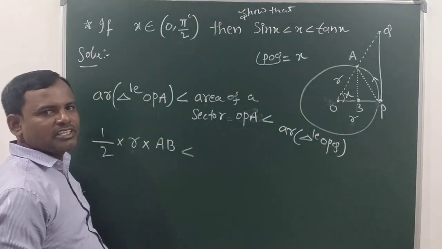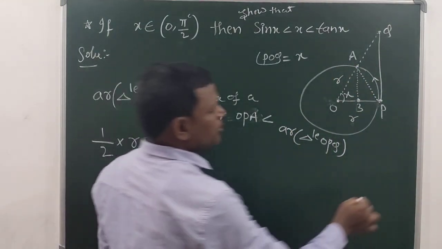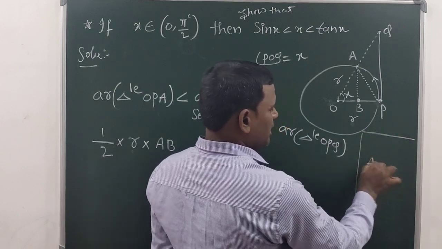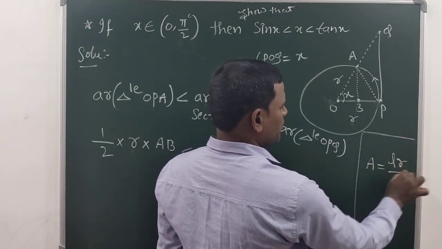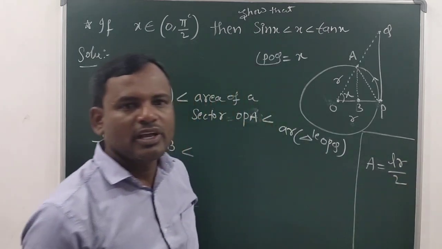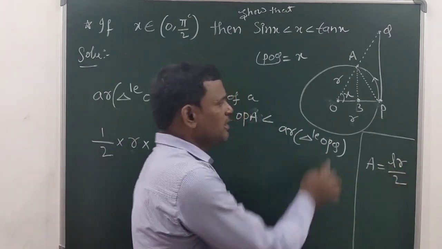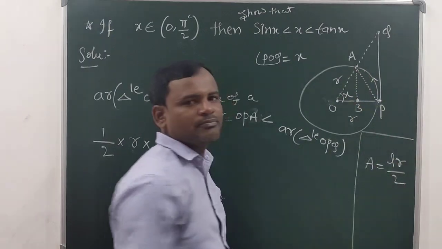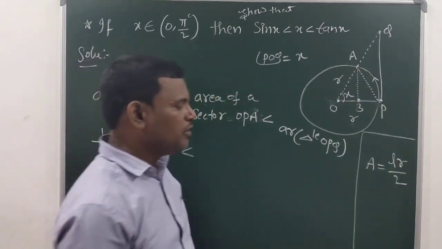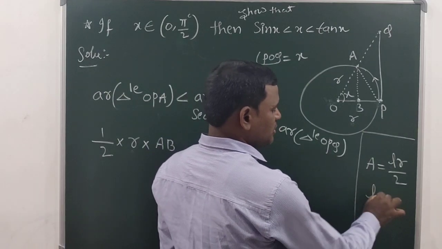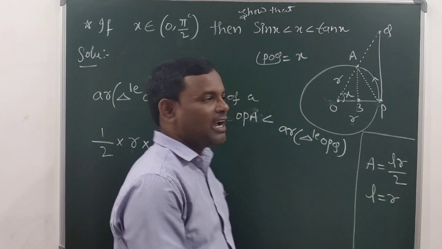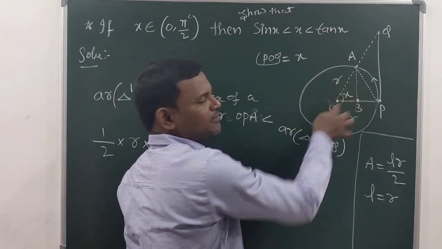You know area of the sector formula. A is equal to area of the sector. You read this formula. A is equal to LR by 2. Where L means length of the arc. R means radius of the sector. Okay. And you have one more relation. L is equal to R theta. R into theta, where theta means angle in a sector.